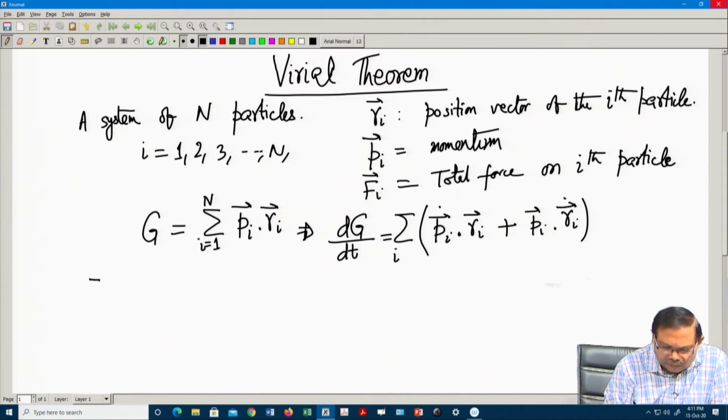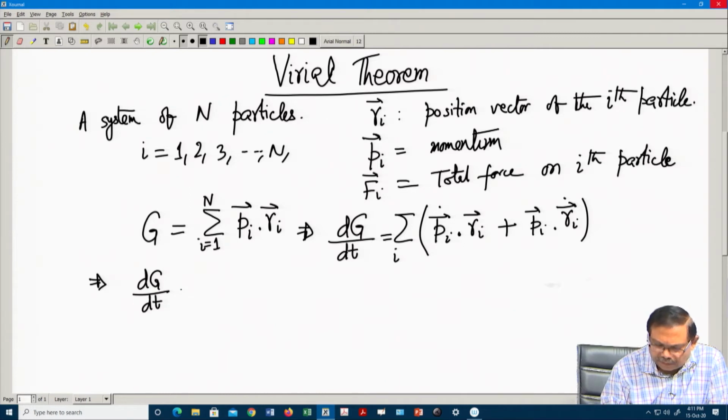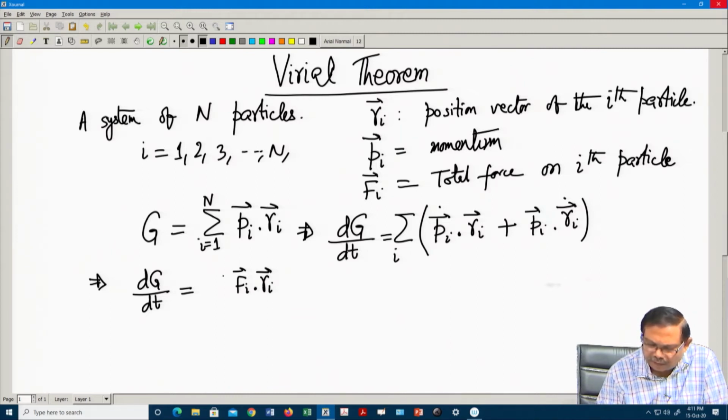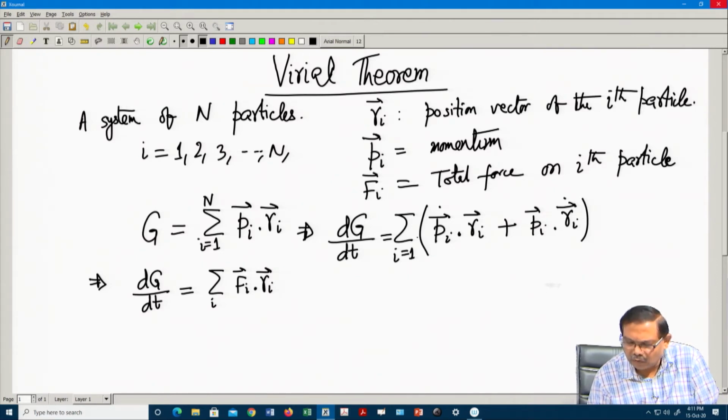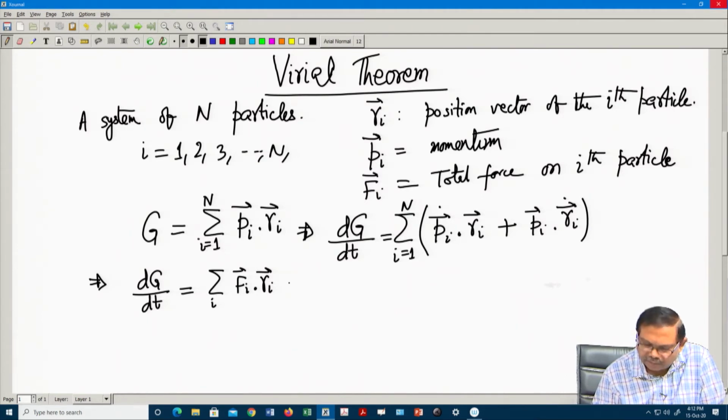I can rewrite this as the rate of change of the quantity G. P_i dot is the rate of change of momentum, so that is nothing but the force acting on the ith particle. So, I write sum over i of F_i dot R_i, where i goes from 1 to n.